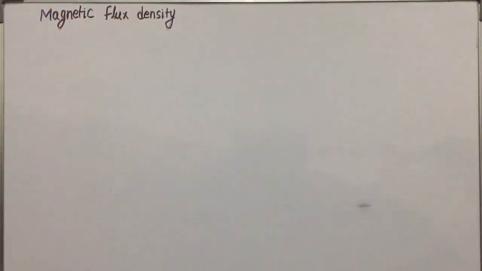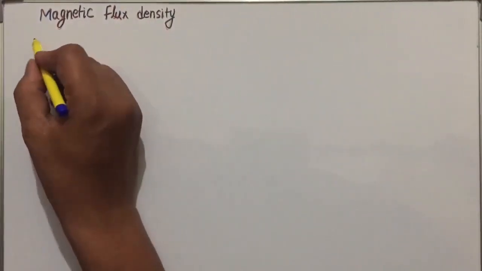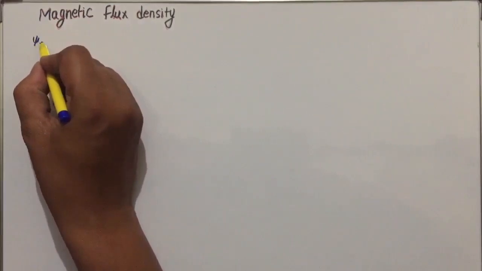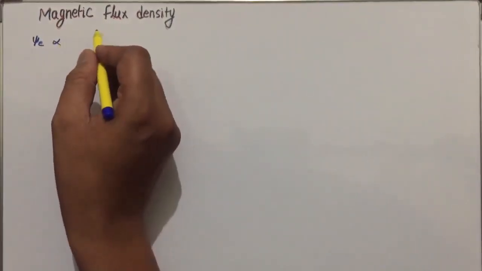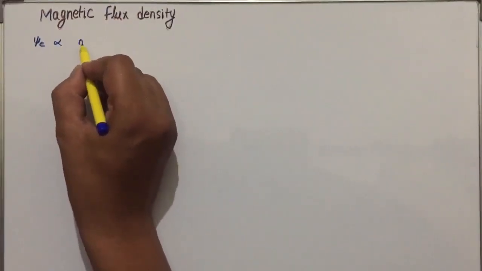Today we will discuss magnetic flux density. In electrostatics, we have studied that the electric flux was proportional to the number of electric field lines.